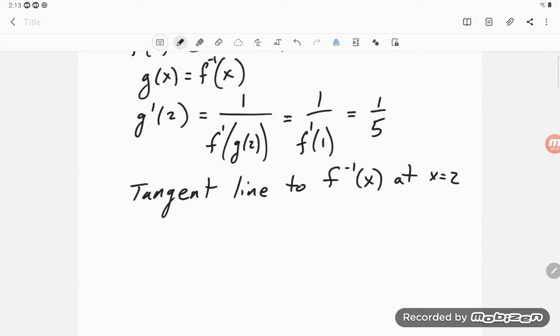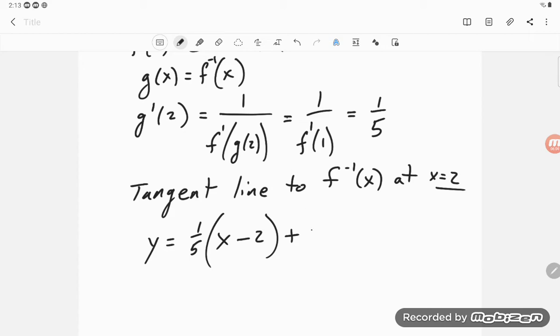And so what this says is it should be y equals my derivative, so 1/5 times x minus my x value 2 plus g of 2.